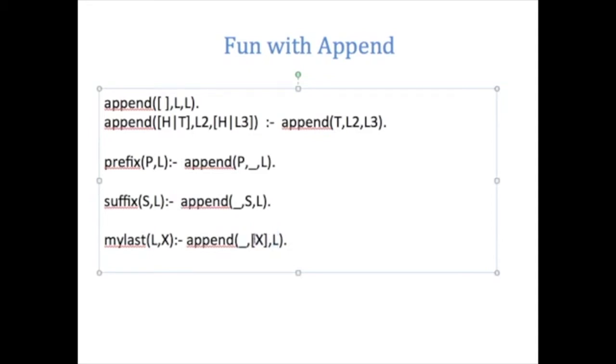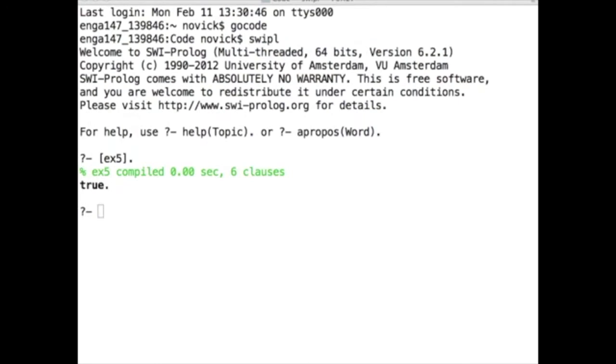In other words, L here is going to consist of all of these elements followed by X as the last element. Well, that means X is the last element, so I can unify this X and this argument, and I get last.